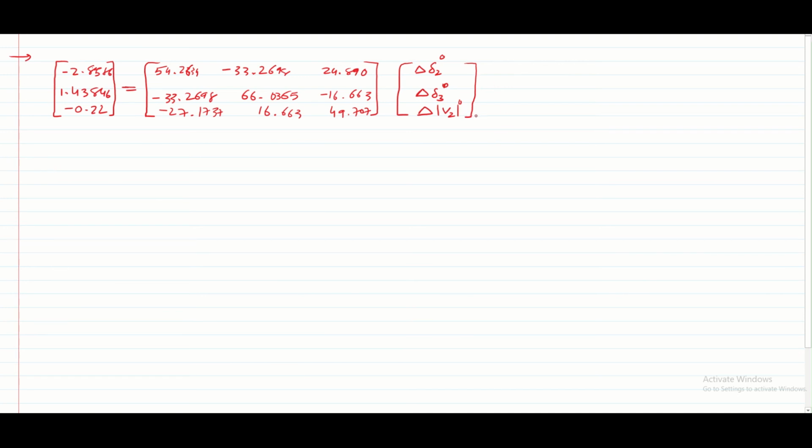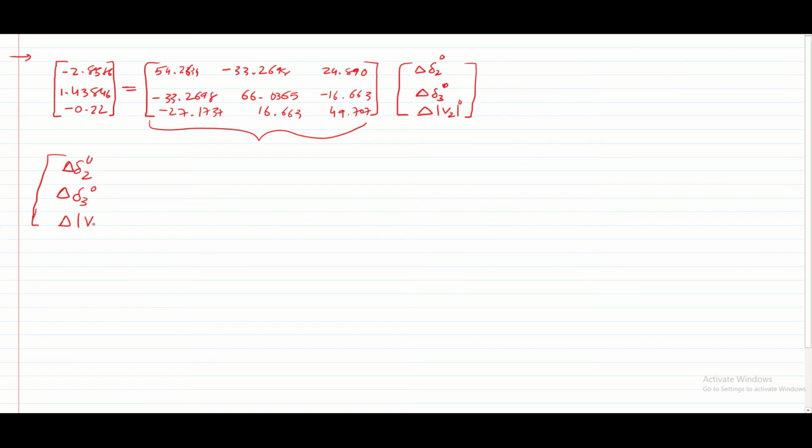So just take the inverse of this Jacobian matrix. I will write the final answer after considering the inverse of the Jacobian matrix. You will get the value of each parameter written over here.